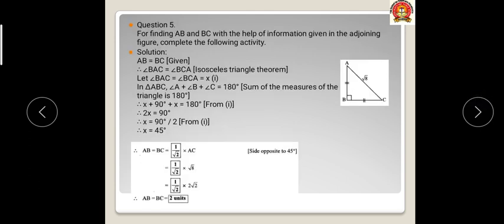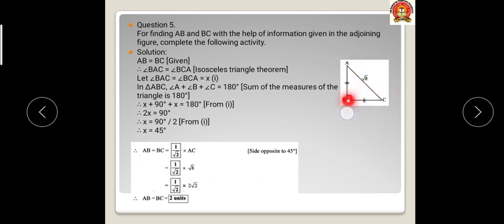Now see the next question. This is also very simple. For finding AB and BC with the help of the information given in the adjoining figure, complete the following activity. Triangle ABC. B is 90 degree. Your hypotenuse is root 8. If you observe, here AB is equal to BC. If AB is equal to BC, it means these two angles are 45, 45.